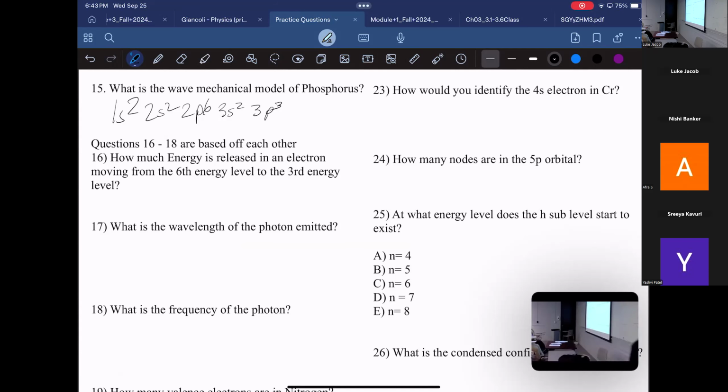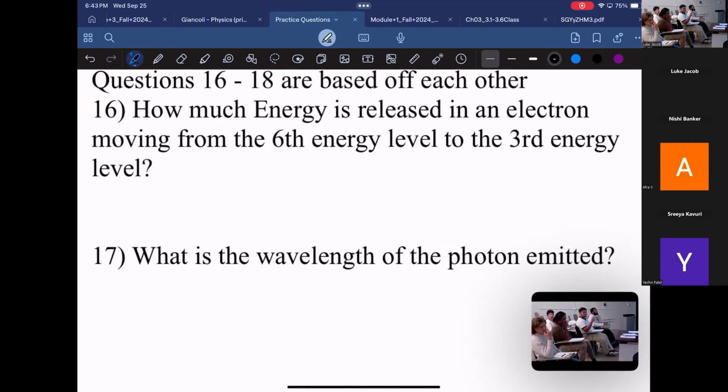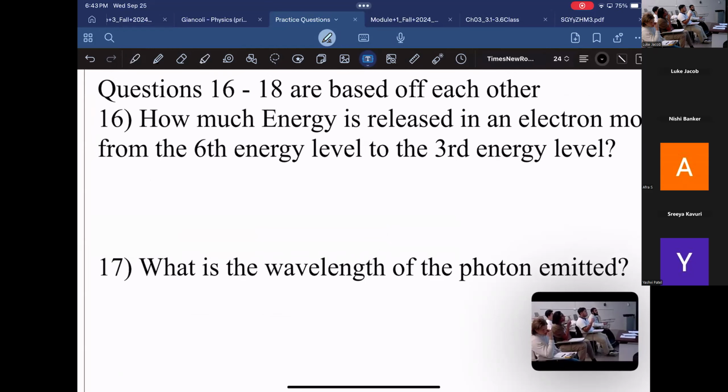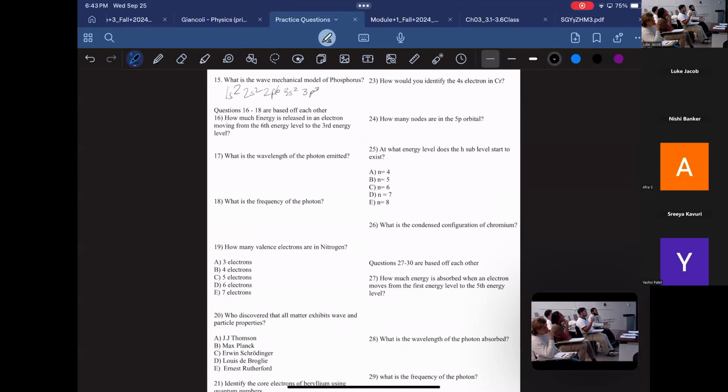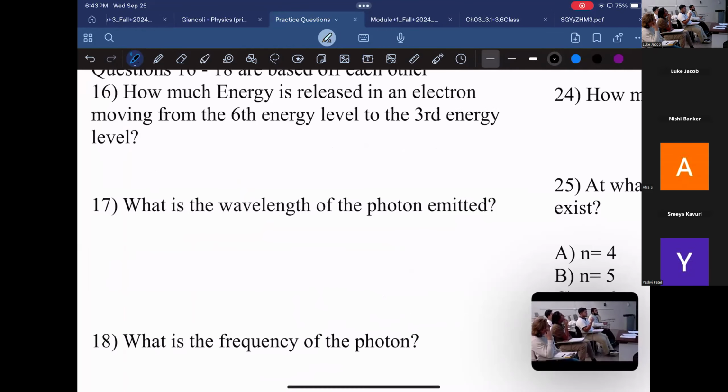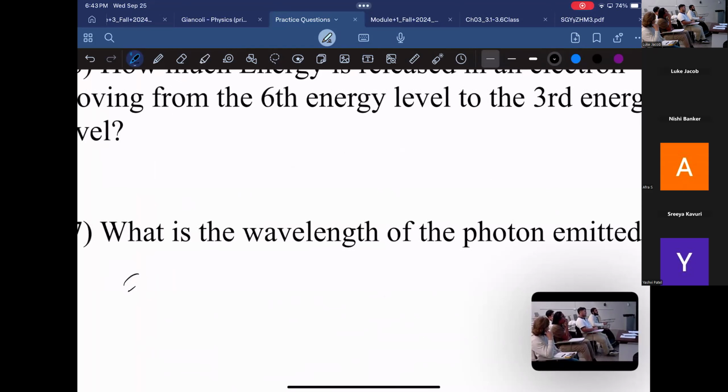All right, so 6th energy level to the 3rd energy level, right? Okay, what you gotta do is delta E equals... no, not that one.